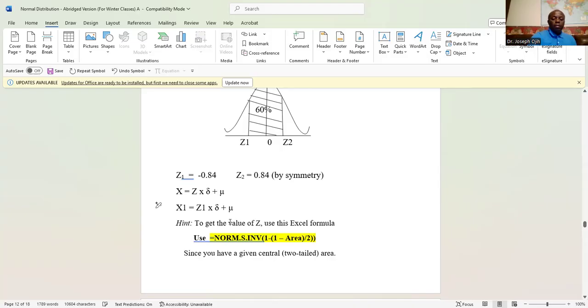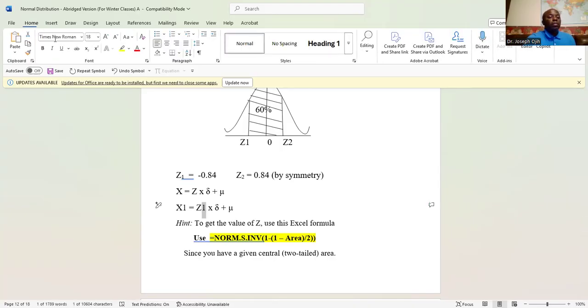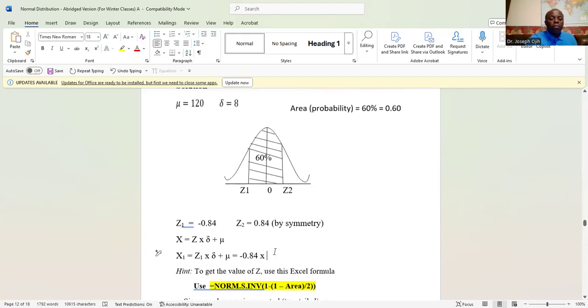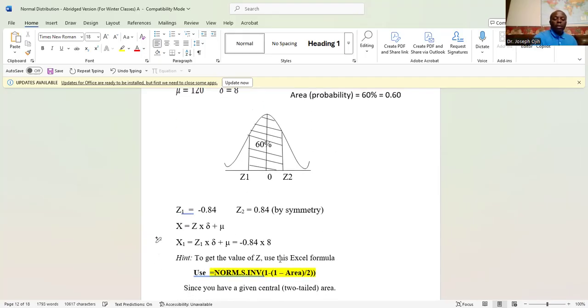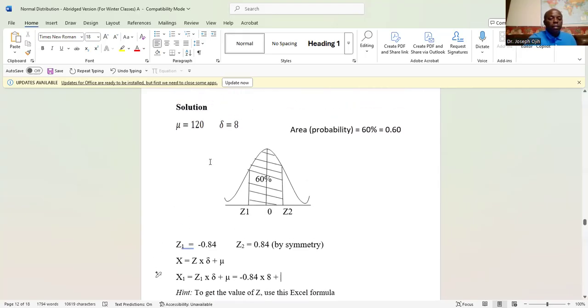I'm going to adjust this a little bit so that it looks like the real formula. X1 equals Z1, and our Z1 is negative 0.84, times the standard deviation of 8, plus the mean of 120.